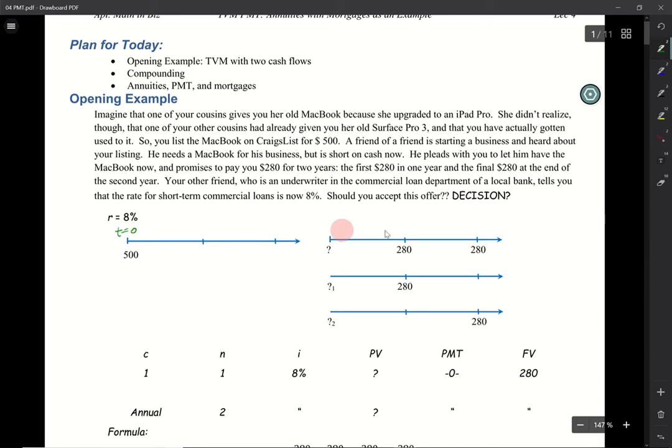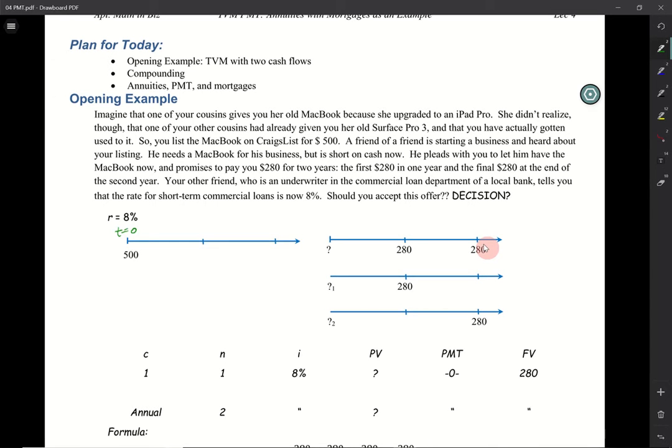But someone else has offered you $280 at one point in the future, and then a second $280 at a second time in the future. Last time it was $100 today, and maybe $102, $105, $110 1 year from now. Now it's $500 today versus a split of $280 in the future. So it's kind of related to the problem that we've seen before, but a little bit different.